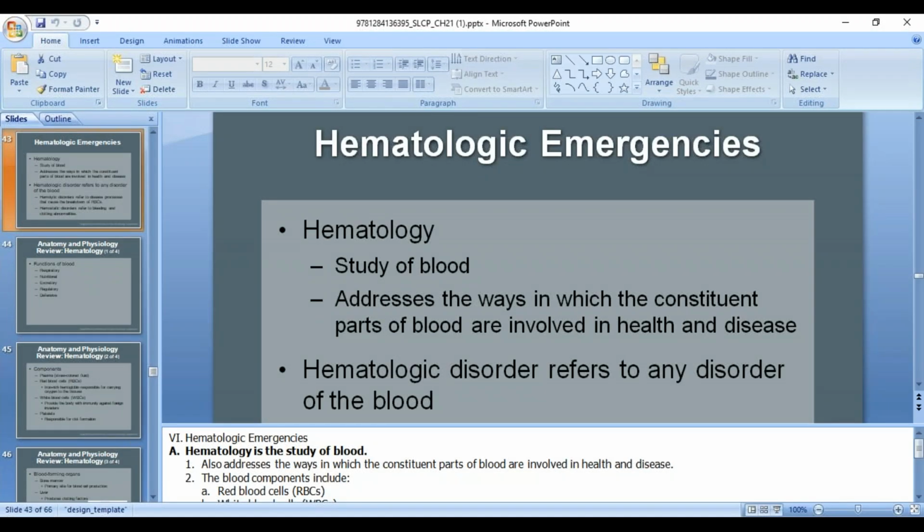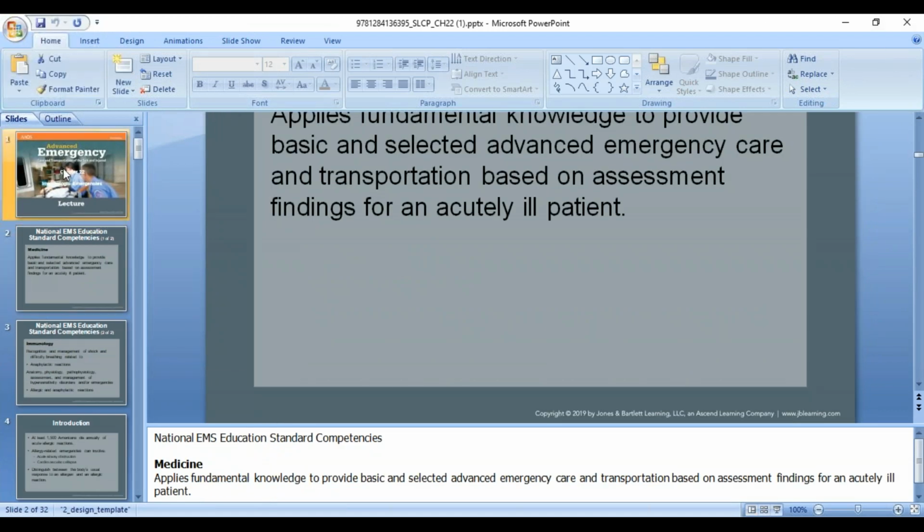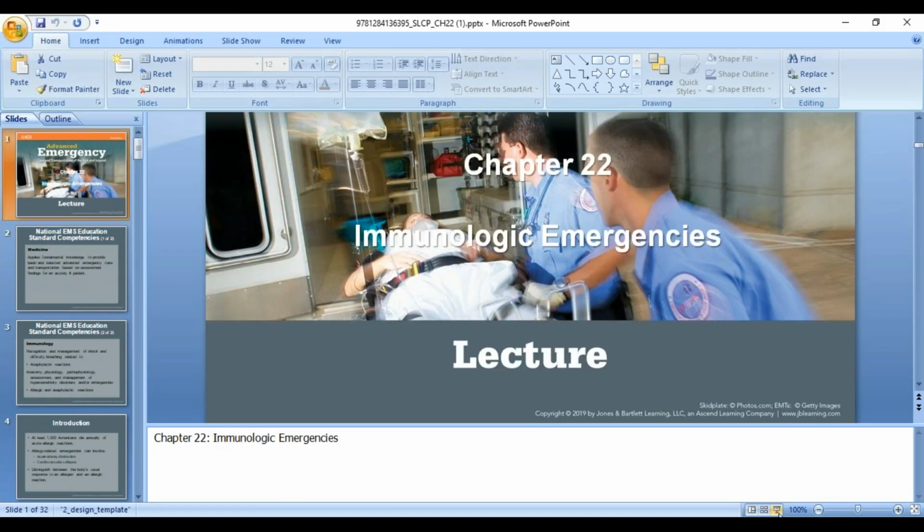Any questions on diabetic emergencies or hematologic emergencies? Anything? Anyone? All right, so we're going to go through this chapter as well.